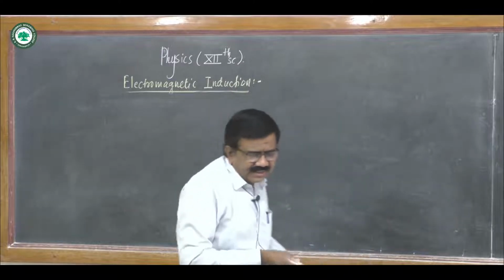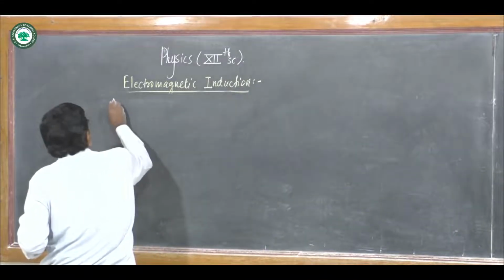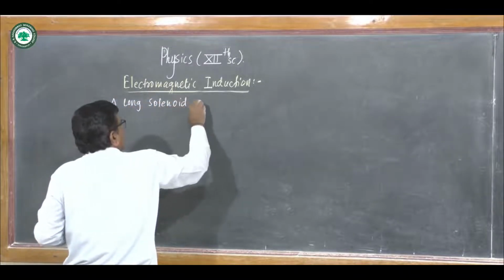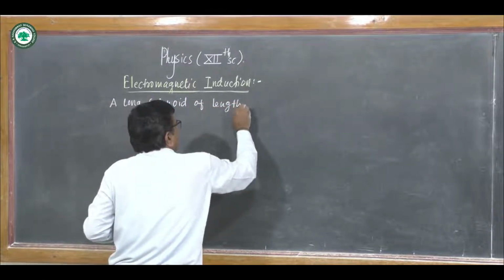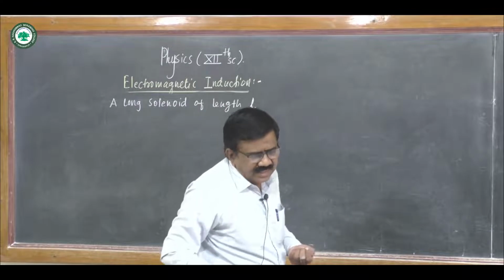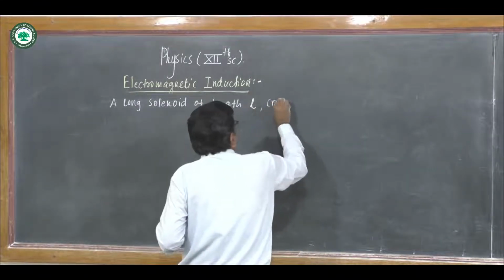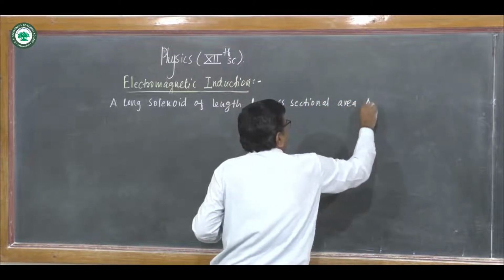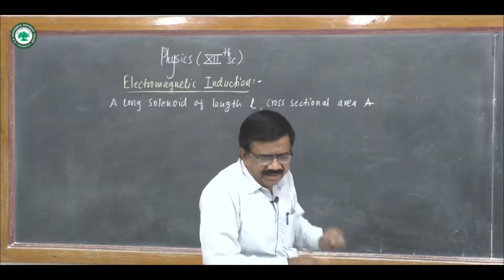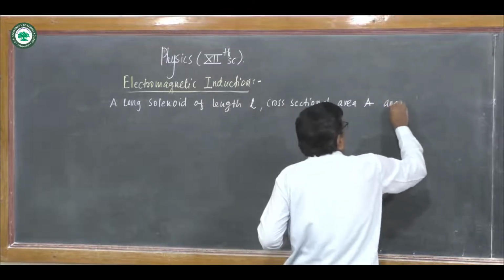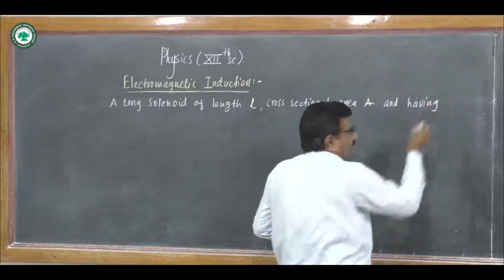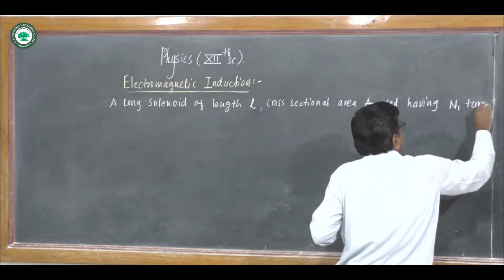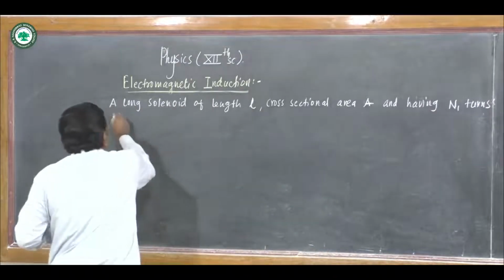A long solenoid of length L, cross sectional area A, and having N1 turns, capital N1. These N1 turns are for the primary coil.